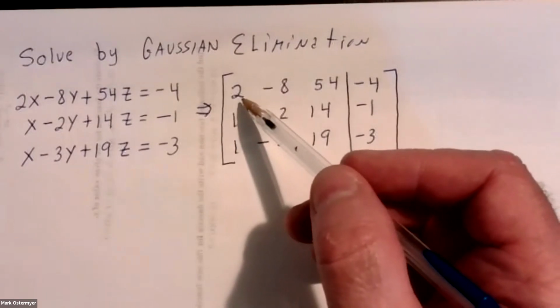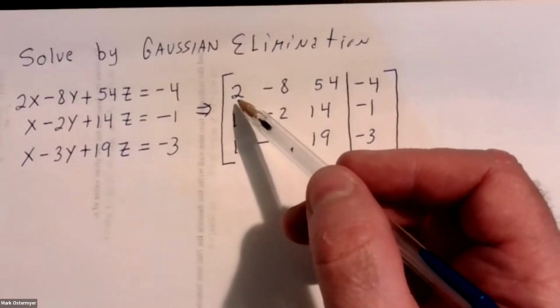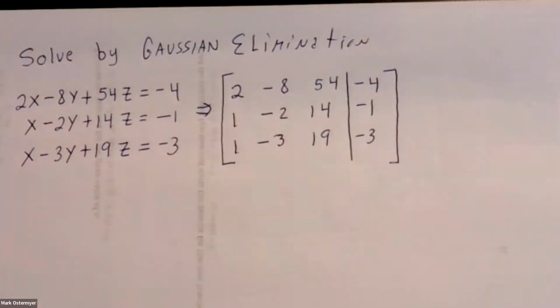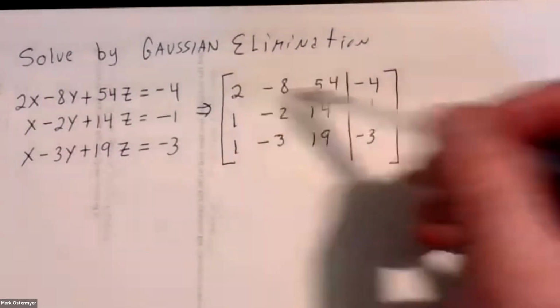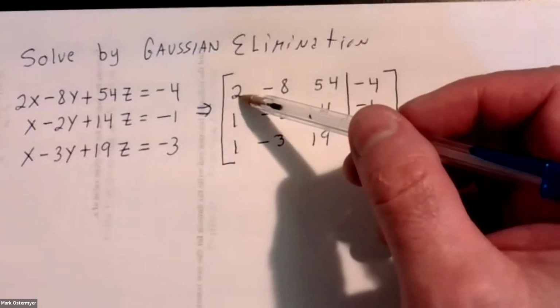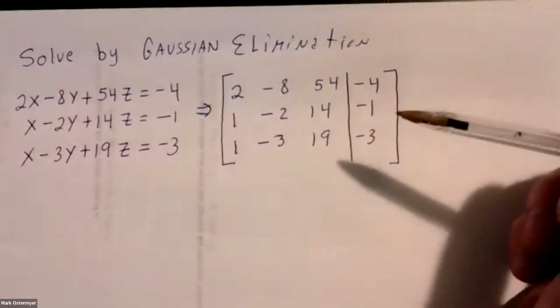How can I do that validly? What elementary row operation will enable me to put a 1 there? You actually have many options. You could multiply row 1 by 1/2. That would force a 1 in the 1,1 position. We don't need to do that though.